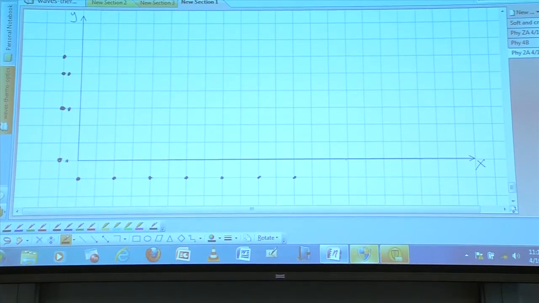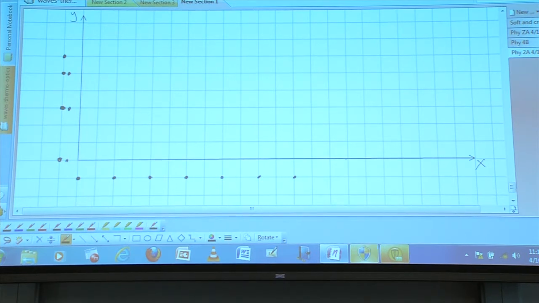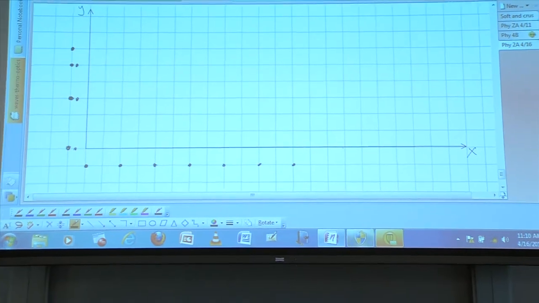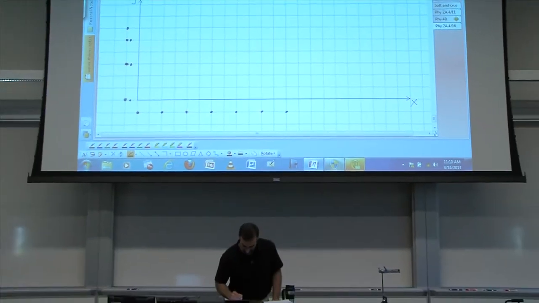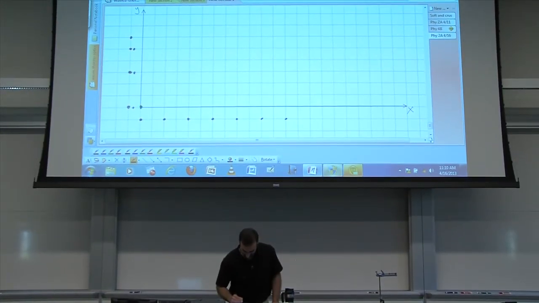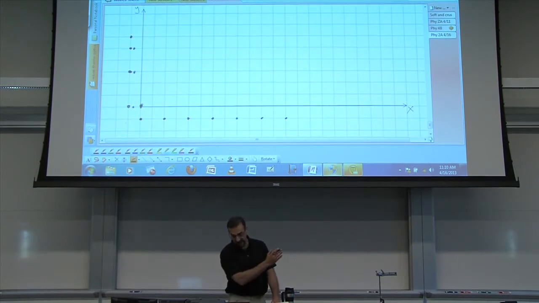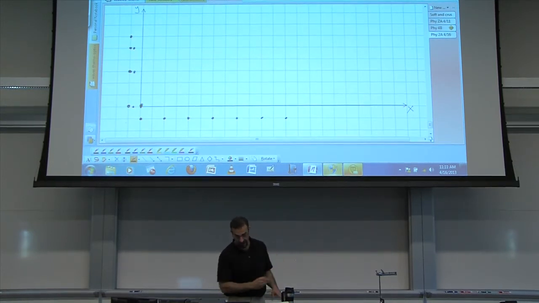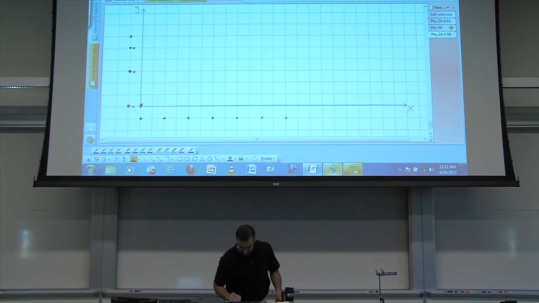So, when I throw something through the air, initially it starts out with some initial velocity in both x and y, with both an x and a y component. And 1 second later, it might end up here.